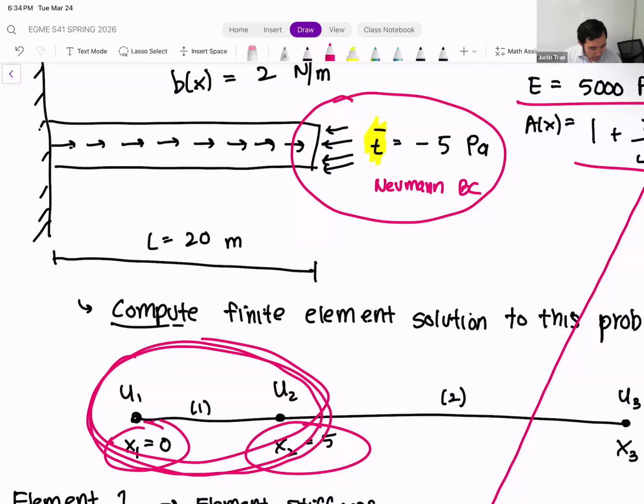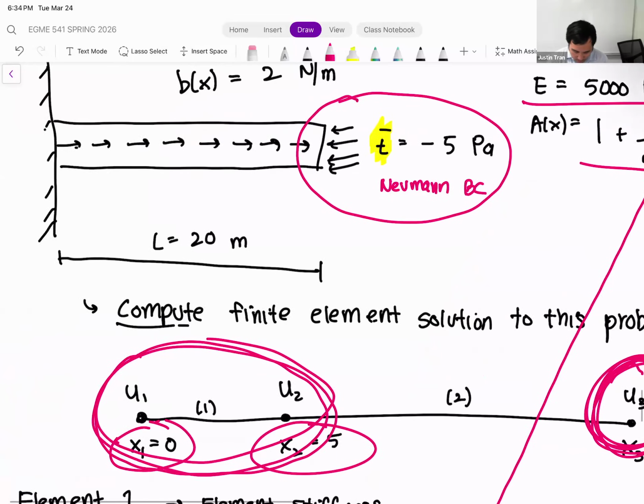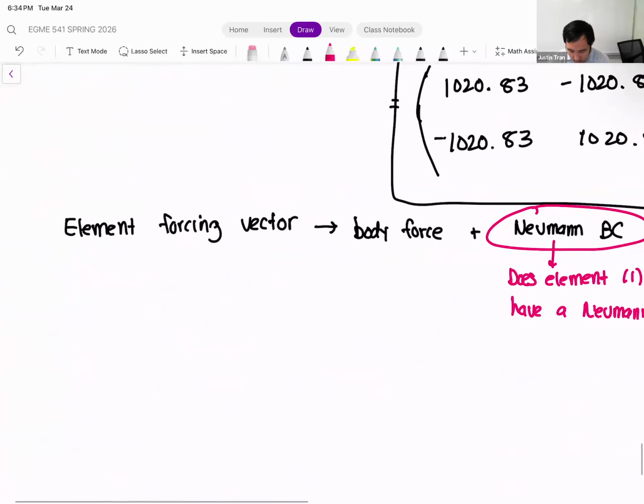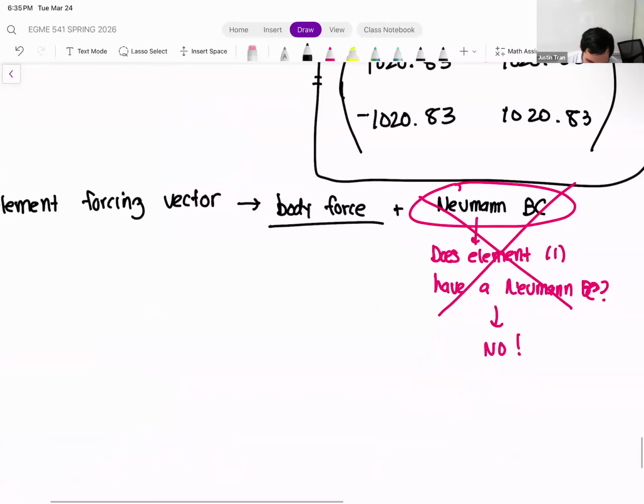And so for this particular element, we do not have any contribution from the Neumann boundary condition, because the Neumann boundary condition is applied right here. When we do the same exercise for element 2, we are going to have a contribution from the Neumann boundary condition there, but for element 1, we don't. And so we come back down here and we say, does element 1 have a Neumann boundary condition? No. And so for element 1, we are not going to have that contribution. The only thing we're going to evaluate here is the body forcing term.